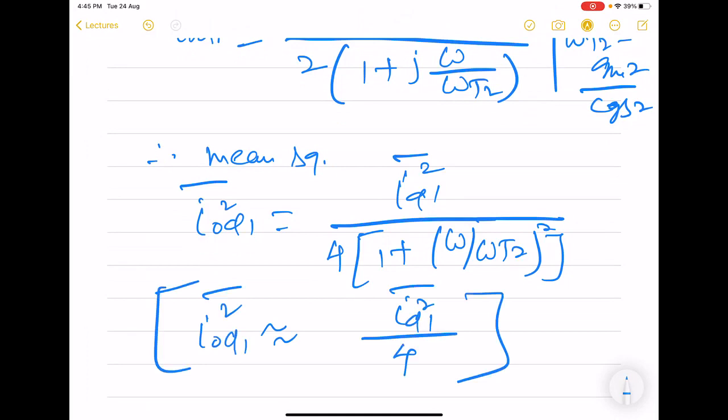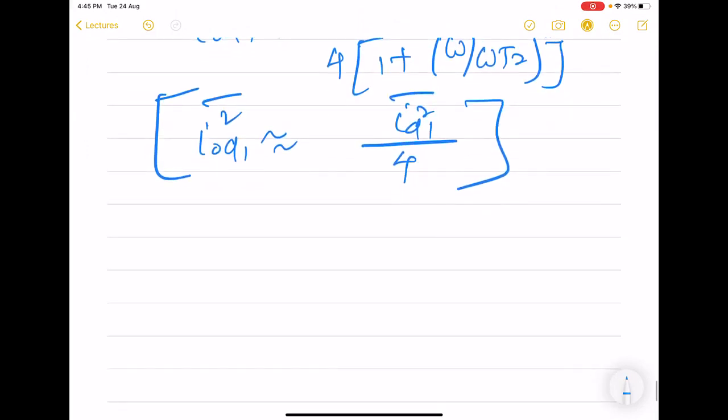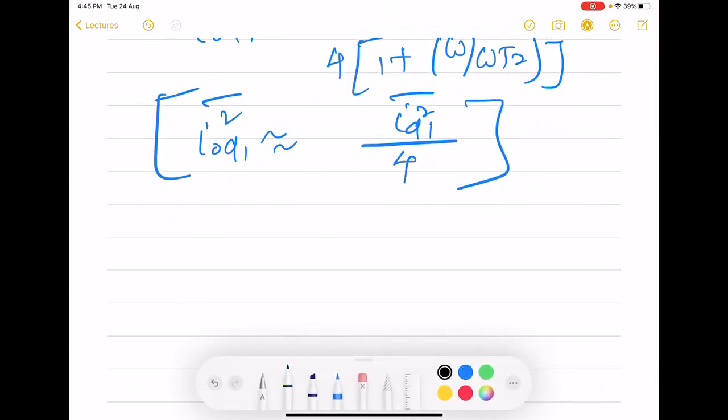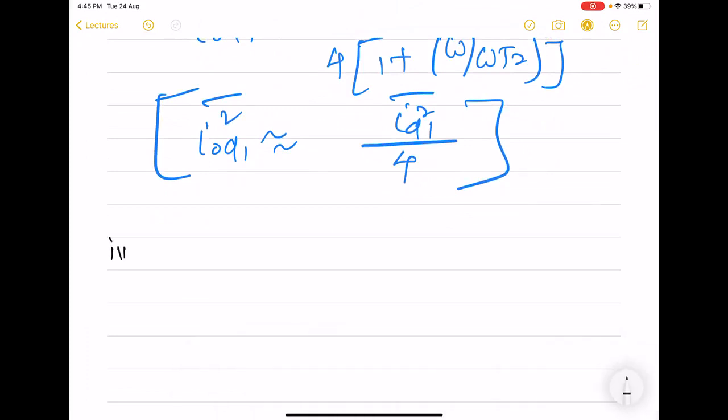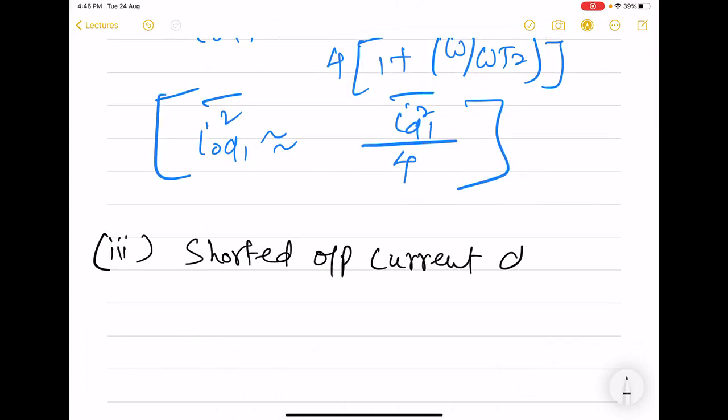Now, the third and the last current that we have to find is due to MOS 2. We will be calling it IOD2.